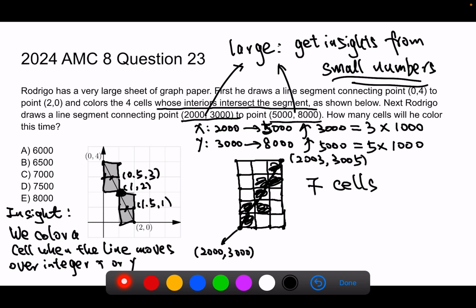And remember now, we repeat this 1,000 times. So altogether, you would color 7 times 1,000 equals 7,000 cells. Answer is C. Getting insights from small numbers is your key to handling large number math contest questions.